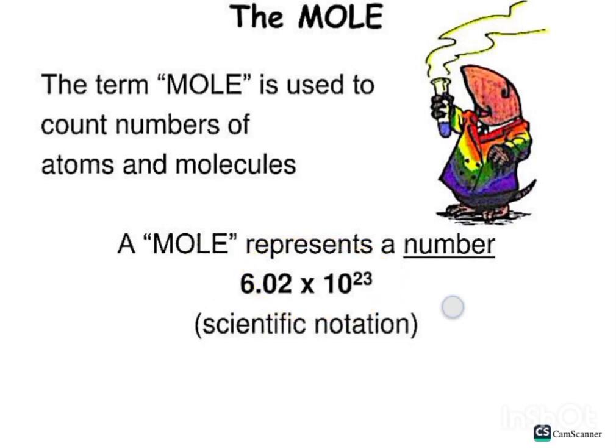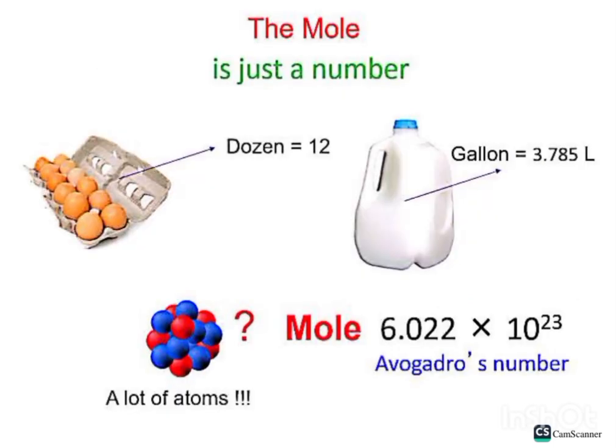So in any chemical reaction, whenever you use the word mole, it means the quantity or the amount of a substance. It is just like the number which is equal to a dozen. Like you can see in the diagram, a dozen eggs is always equal to 12.